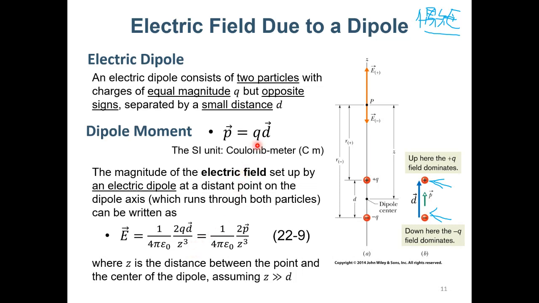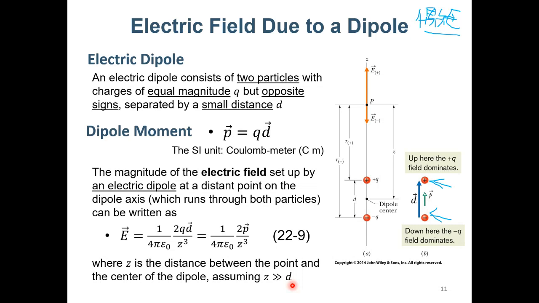Or, as we know, qd is p, so we can write it like this. Here we need to assume that z is much larger than d, which means that the distance between them is very small.